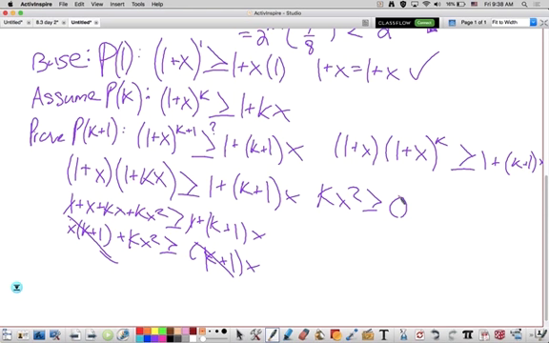We're meant to show that 1 plus x to the k plus 1 is greater than or equal to 1 plus k plus 1 times x. Right, and so this is what she's asking. This is the k plus 1 case right here. And she follows it through, like she's still asking the question. She arrives at a statement that's true, so that means going backwards, this must have been true, which was P of k plus 1.